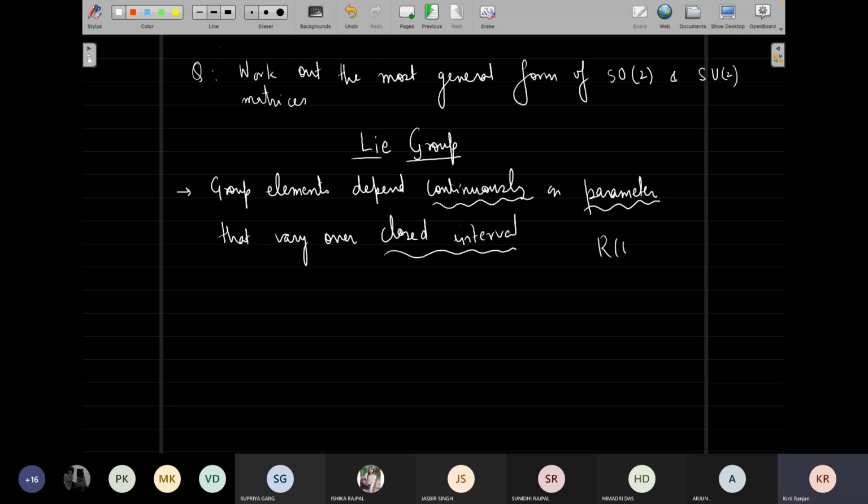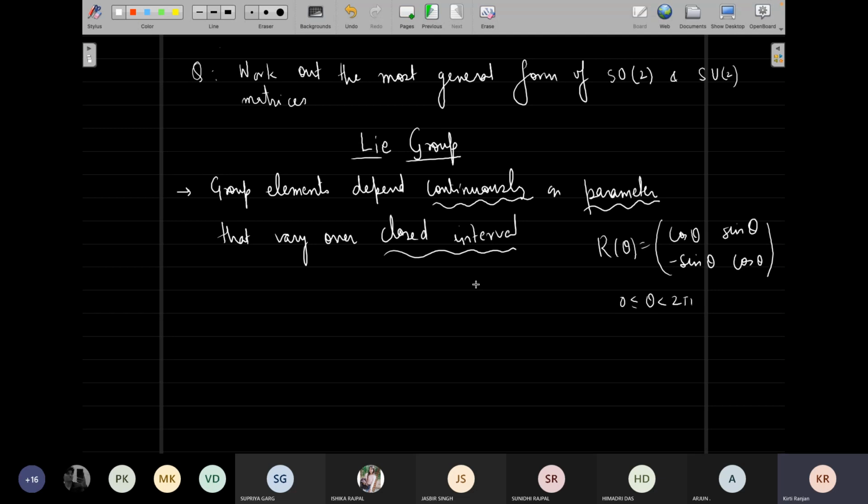Remember the matrix which we wrote, R theta: cos theta, sin theta, minus sin theta, cos theta. The rotation matrix in 2 into 2 space, or two dimensional real space. Here theta is a continuously varying parameter and the value theta can take is bounded.